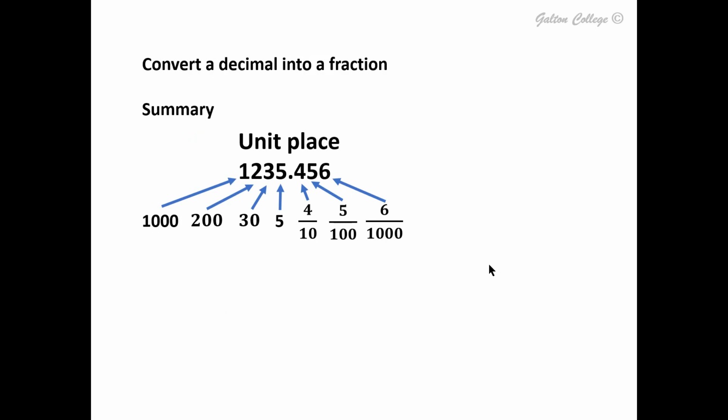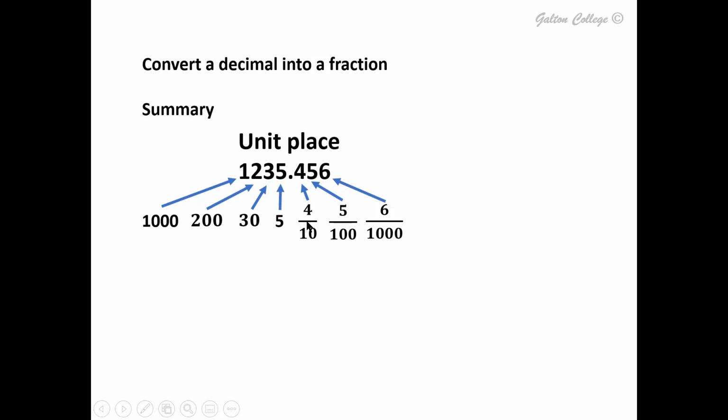Now, convert a decimal into fractions. Well, the summary is we have a unit place, we have a tens, a hundreds, and a thousands. So it's 1,000, 200s, 30, and 5 units.